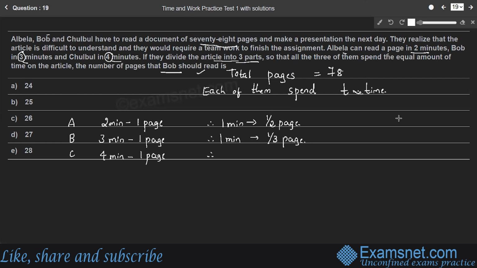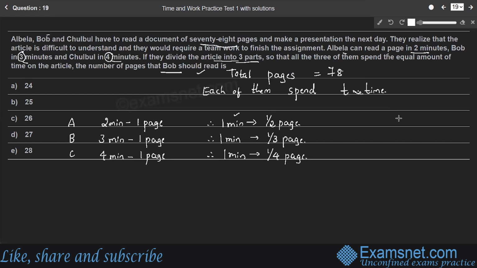Therefore, in 1 minute, he can read 1 by 4 page. So their 1 minute work is nothing but their efficiency. If you talk in terms of work, time and efficiency, work is efficiency into time. Their unit time work, 1 minute work, is called their efficiency.